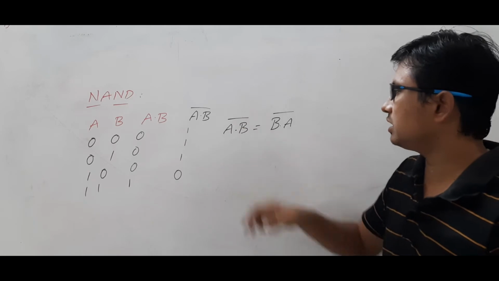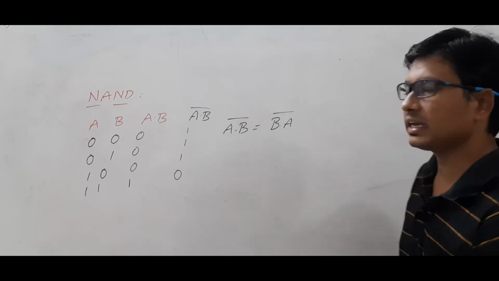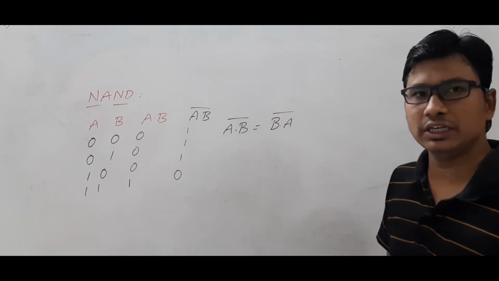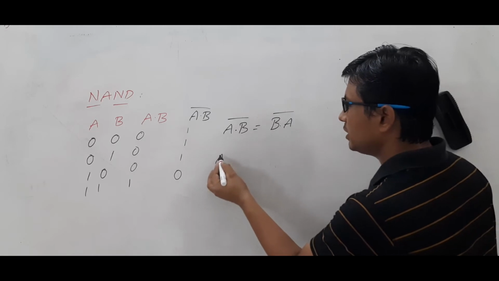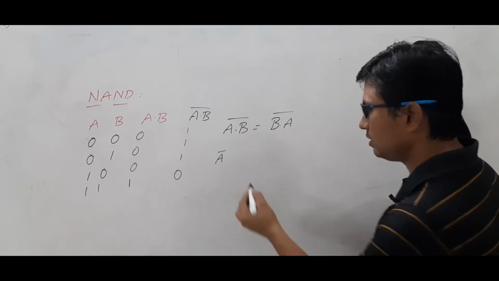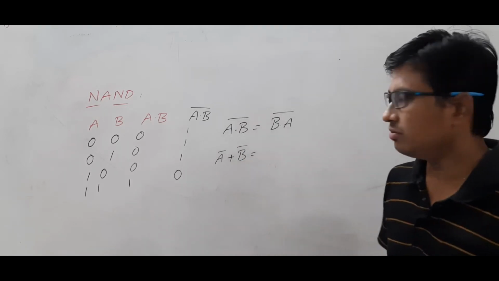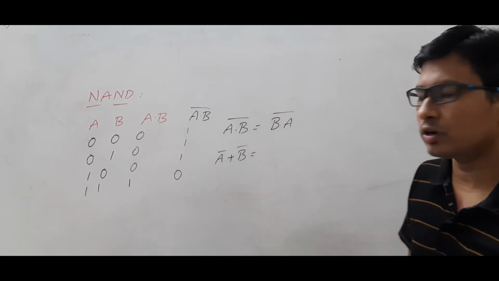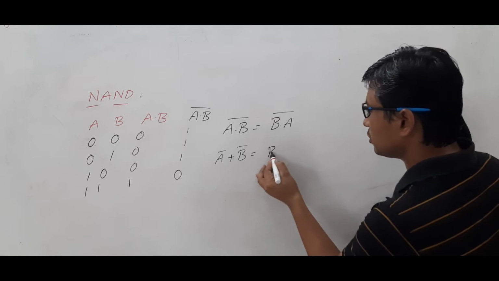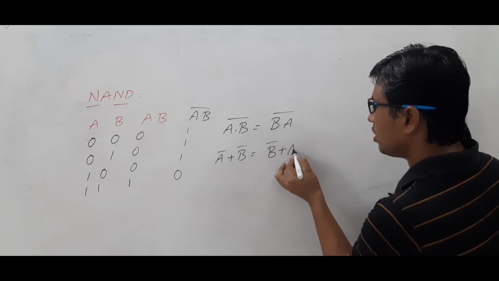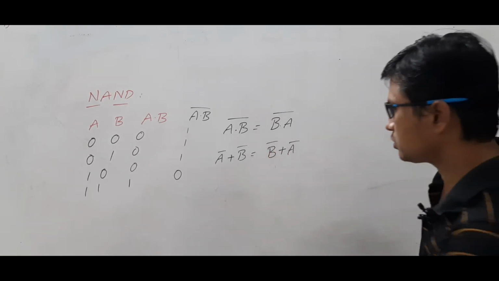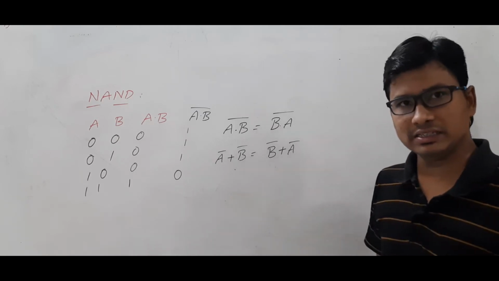Now what is A NAND B? I can write it as (A and B) whole complement. If I apply De Morgan's law, it will be equal to A's complement or B's complement. Am I right or wrong? Again applying De Morgan's law, it is equal to B's complement or A's complement. Are these two equal or not? Yes, they are equal.